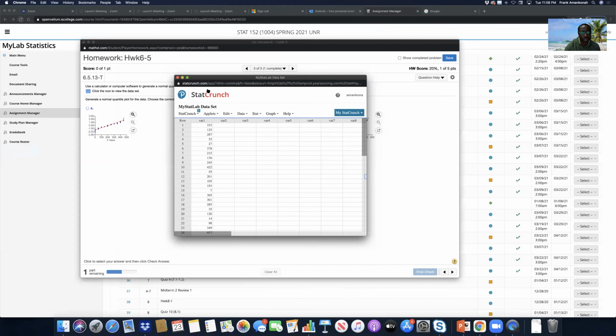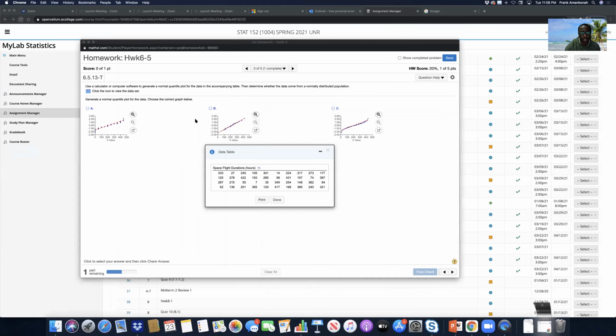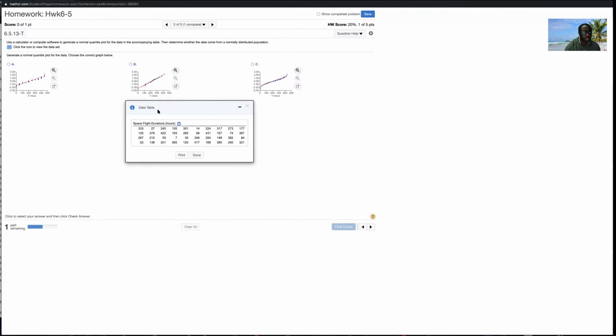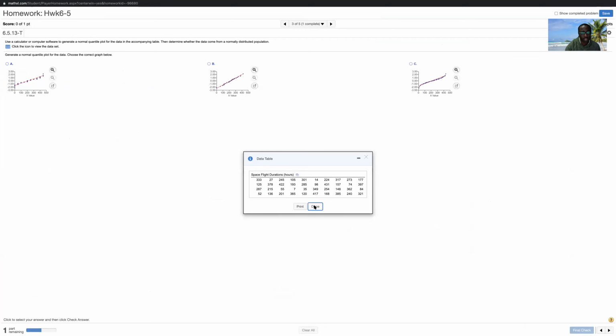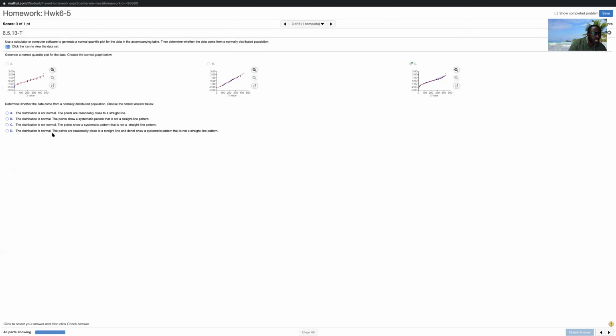So let's go back to the question. Based on this, the answer is C. Let's check that. And then what's the reason? A says the distribution is not normal because the points are reasonably close to a straight line.